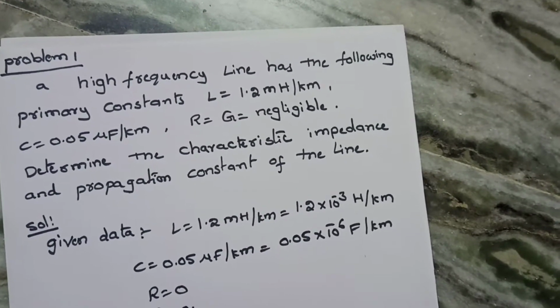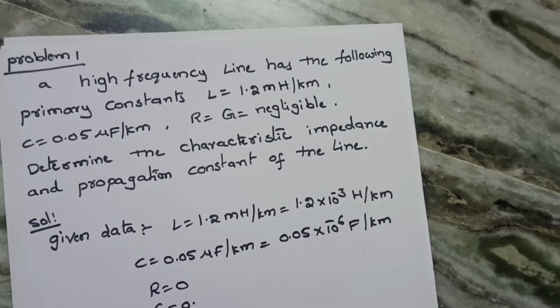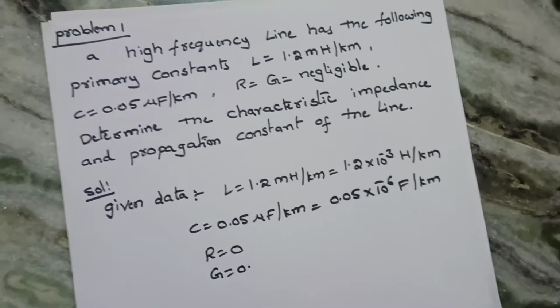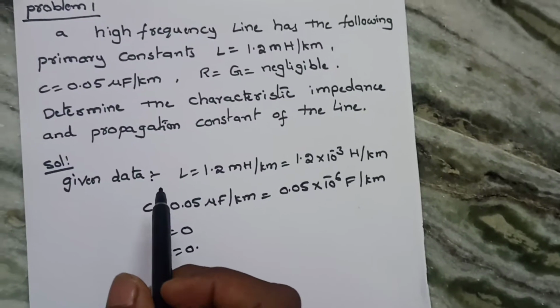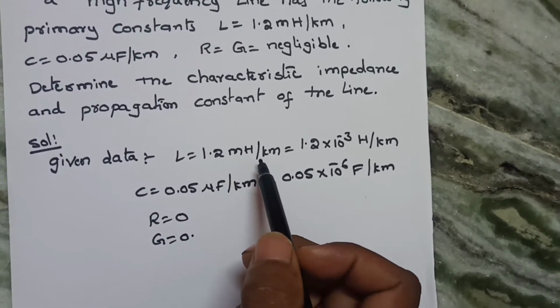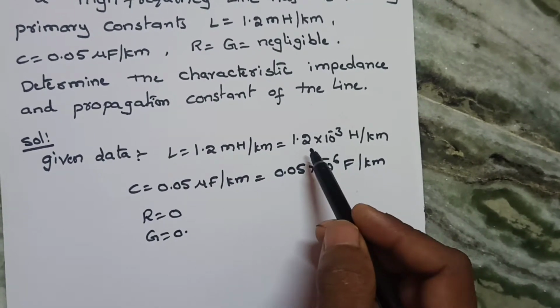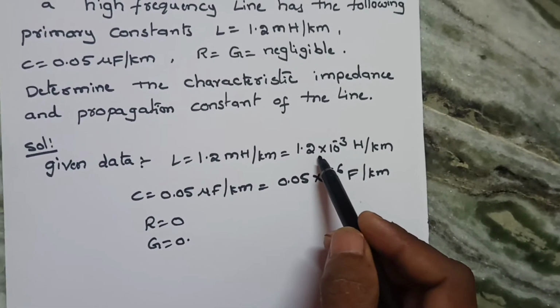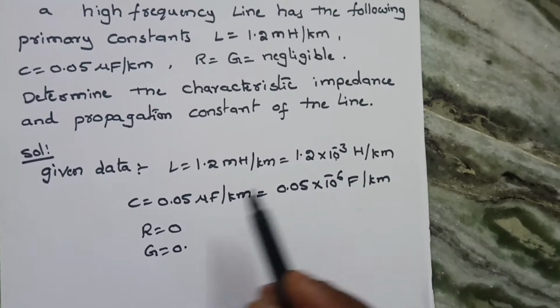So to solve any problem, first of all you have to write down the given data. In the given data, L is equal to 1.2 millihenry, which can be converted into Henry. Then 1.2 into 10 power minus 3 Henry per kilometer.